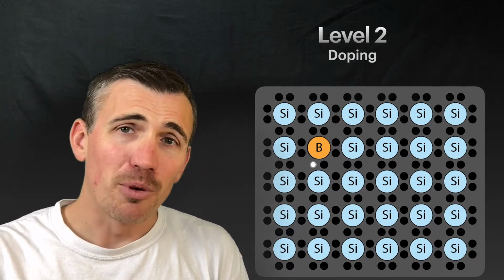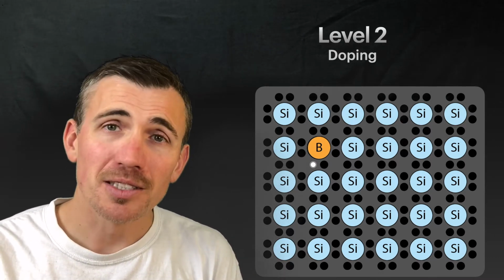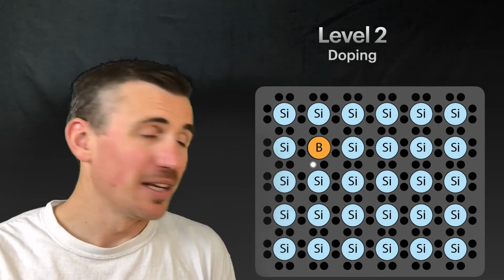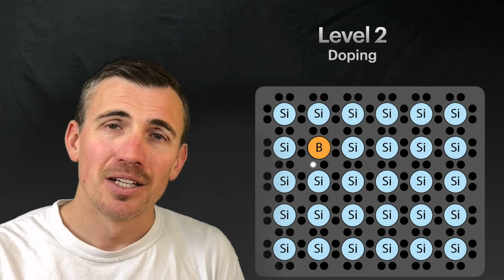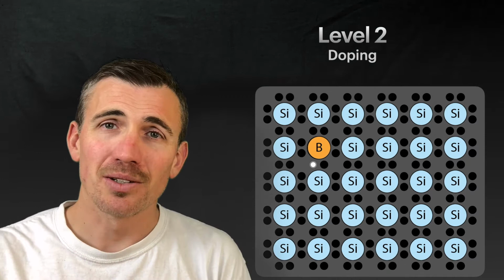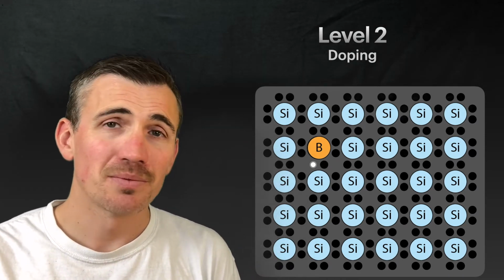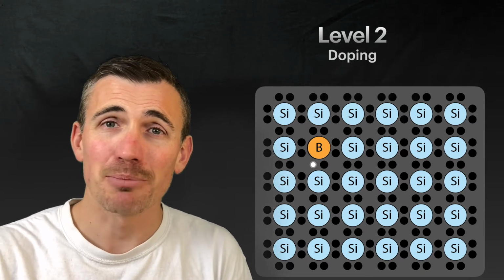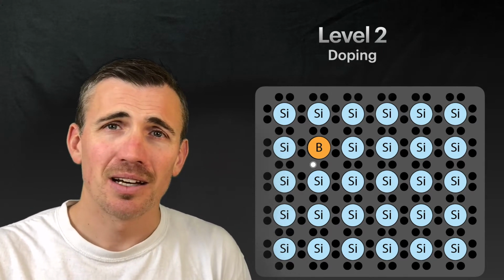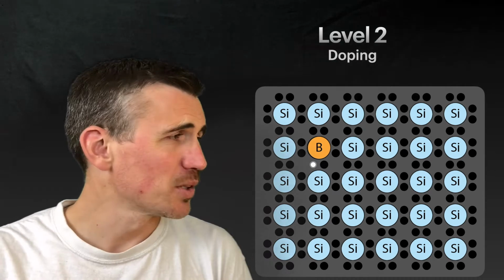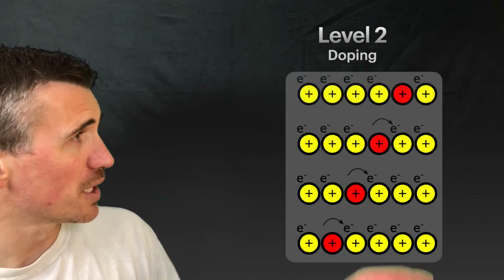And when they do hop over, they're going to leave behind, well, a positively charged hole in the silicon atom that they came from. So instead of the hole in the boron, you have it in the silicon. And in this way, we can actually look at the propagation of holes as quasi-particles that behave just like positively charged electrons. It's a bit weird until you see that. So let's kind of picture one of these processes here.